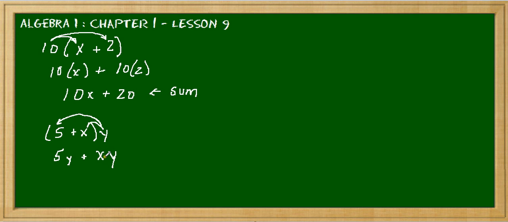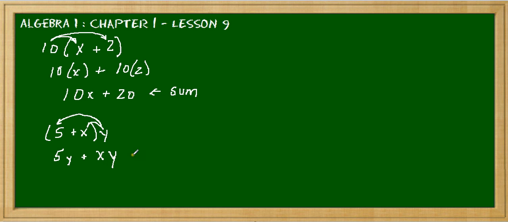Again, we're implying this little dot, or maybe, again, we talked about in the past how we use the x, which we no longer use because it gets confused with the variable x. But we don't have to show those little dots, okay? We just put the letters together and we know that 5y is 5 times y, and xy is x times y, okay?